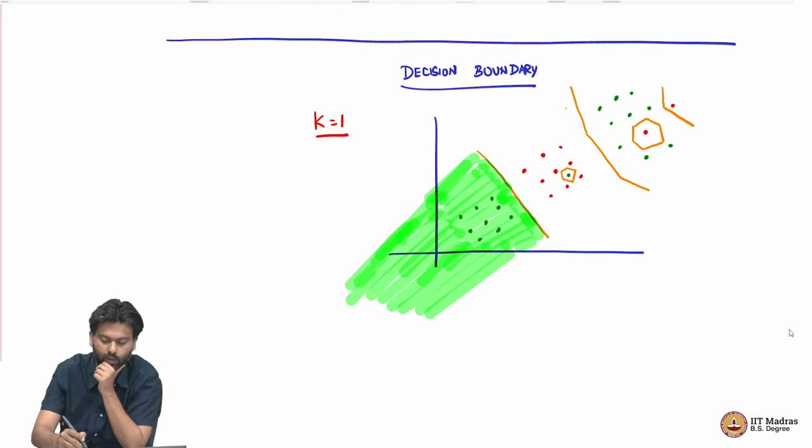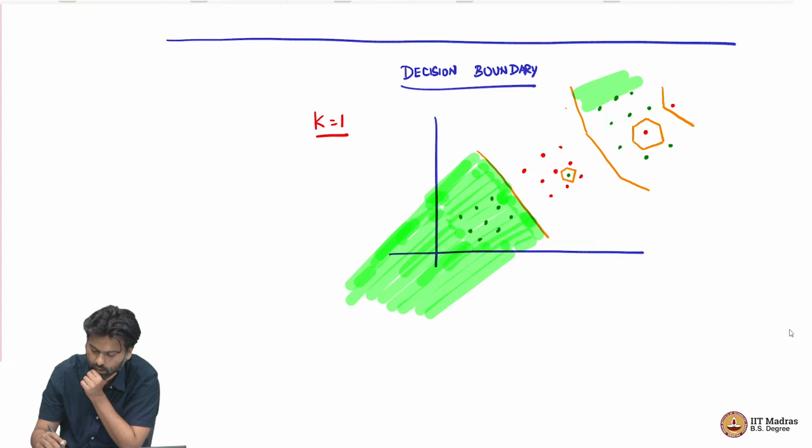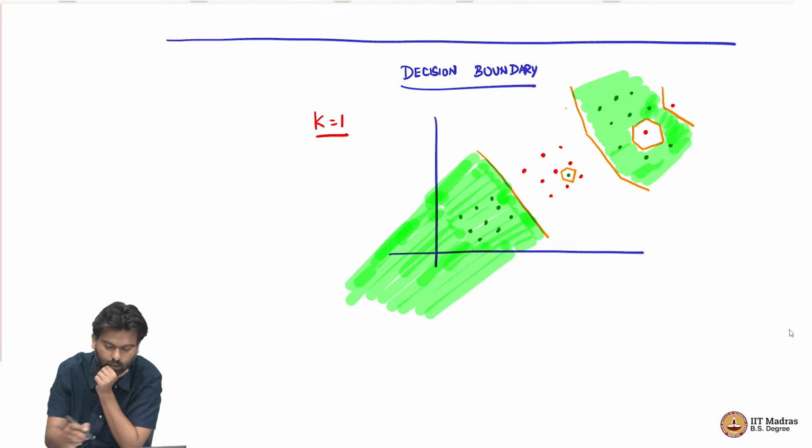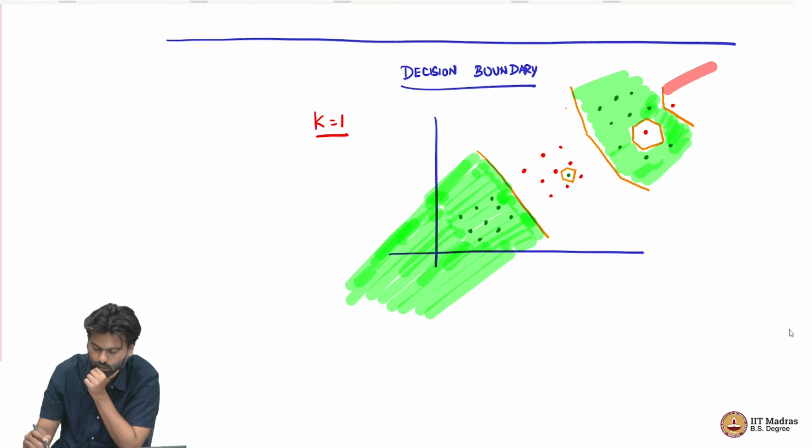So, what would happen is these regions are all green, and now these regions, this is all red. From here on, everything is red on the other side.